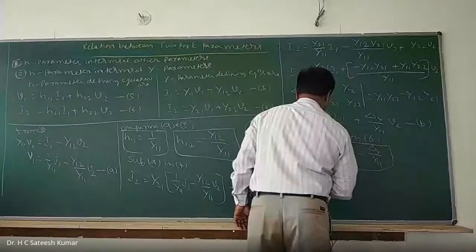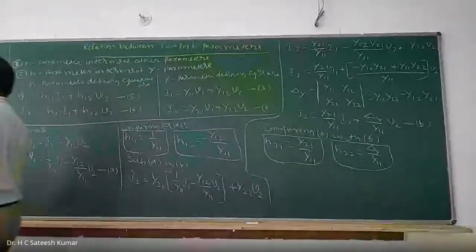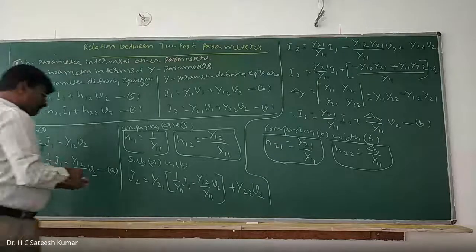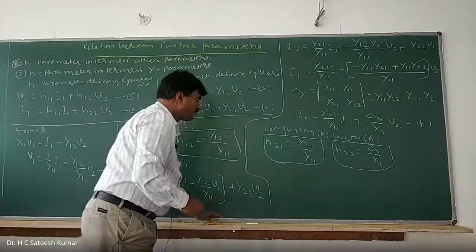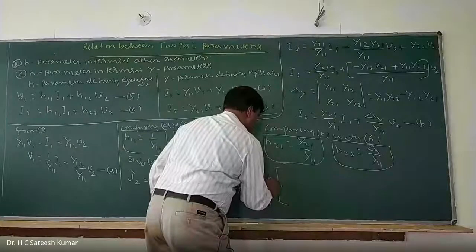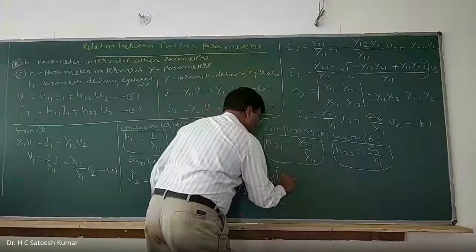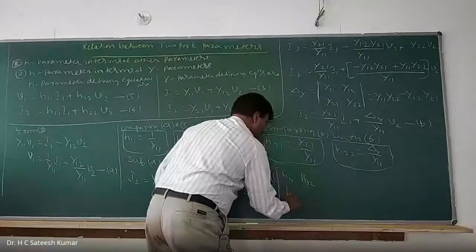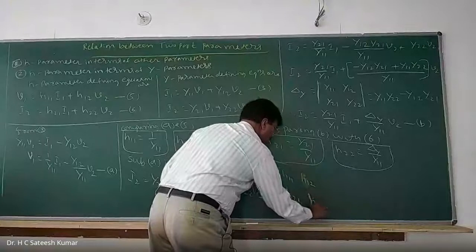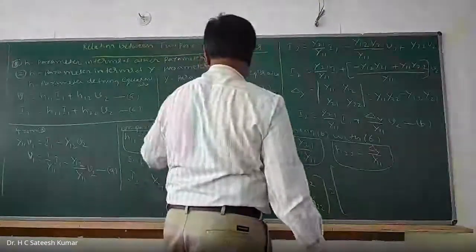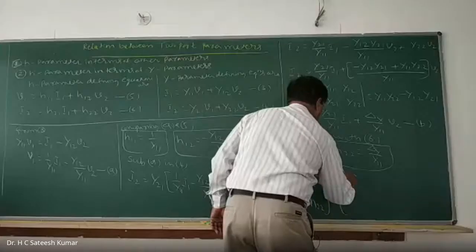Therefore, we can write the matrix form representation of the relation between elements. The H parameter matrix is H11, H12, H21, H22. H11 is 1 by y11.